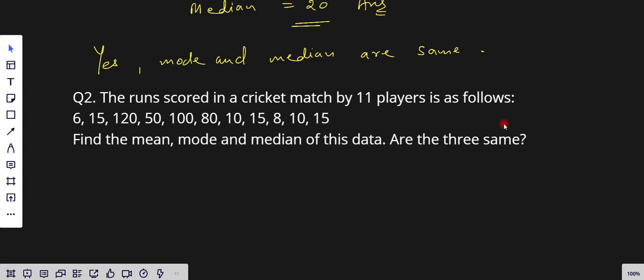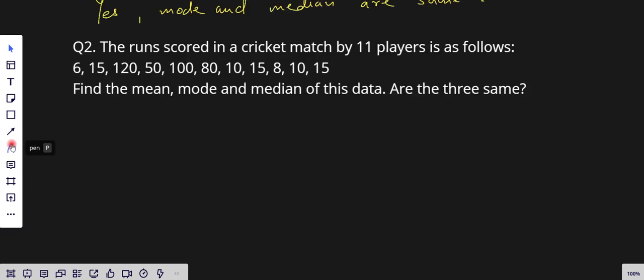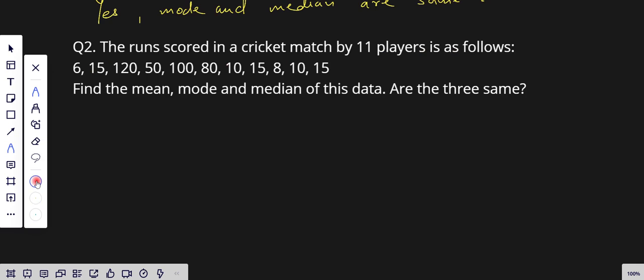Now first I'll explain how to calculate the mean. I'll take a different color. The mean of this data is calculated by adding all these observations. So mean is the sum of observations divided by the number of observations, and the number of observations is 11.